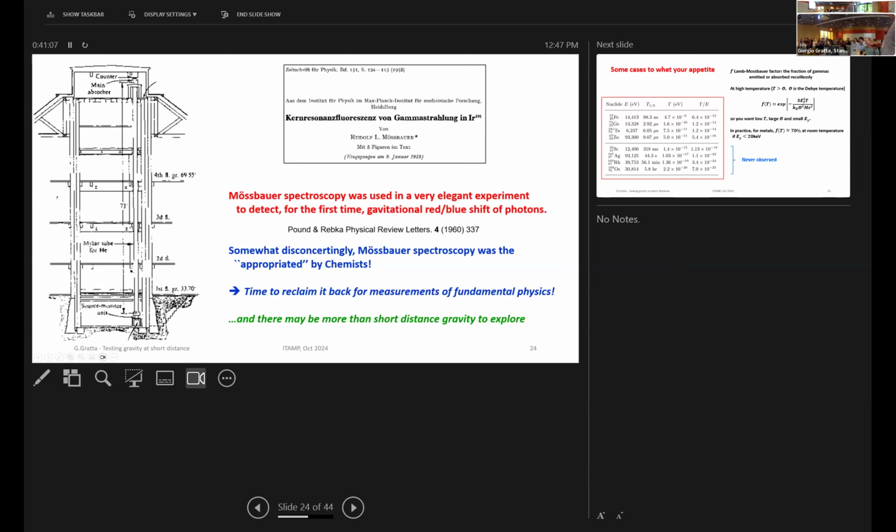Disappointingly, since then, chemists have entirely appropriated this, and physicists don't seem to care about it anymore. Except, I heard yesterday that maybe it's turning around, so it's kind of fun to see whether we can really use Mössbauer spectroscopy for the topic I just mentioned.